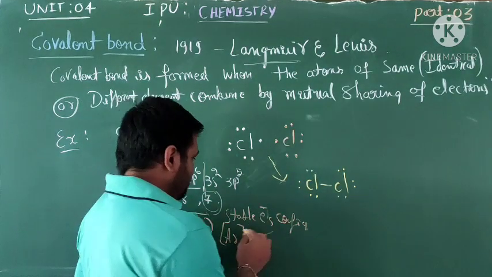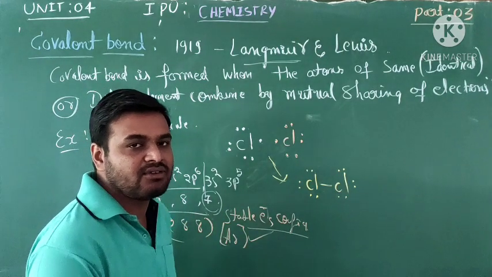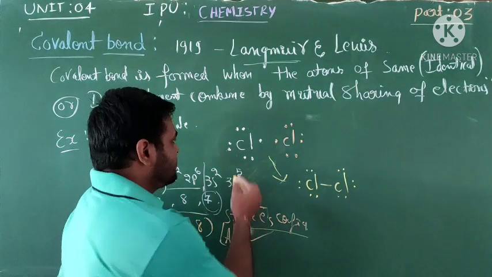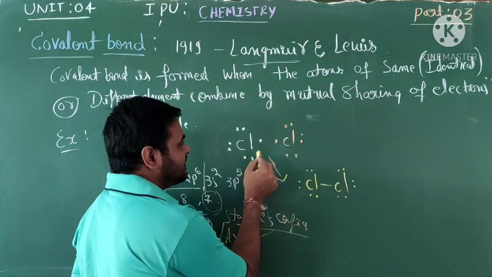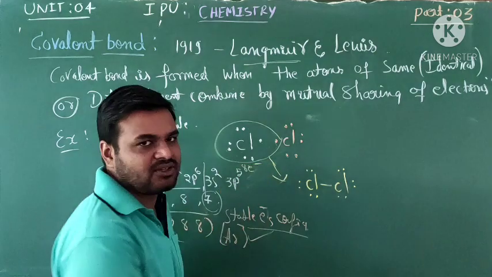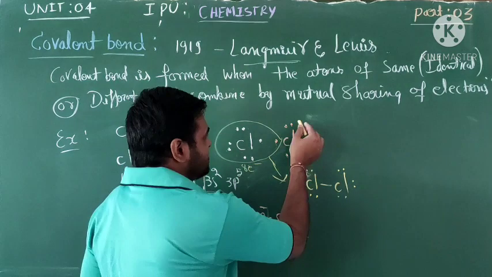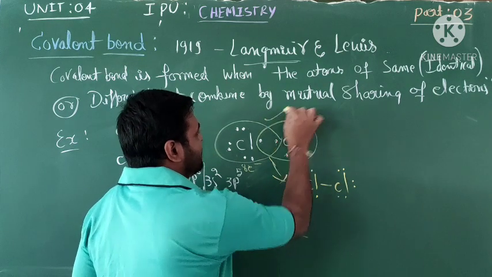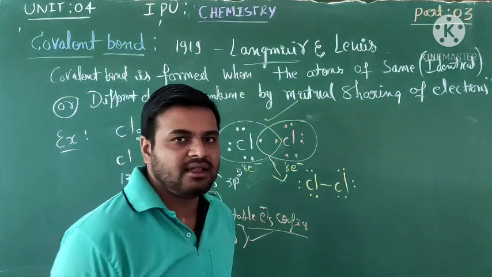See here, after sharing they become stable. This is giving the octet rule. Octet means 8 electrons. So the chlorine atom has 1, 2, 3, 4, 5, 6, 7, 8. So 8 electrons, which obeys the octet rule. The other chlorine atom also has 1, 2, 3, 4, 5, 6, 7, 8. So both form a stable octet.